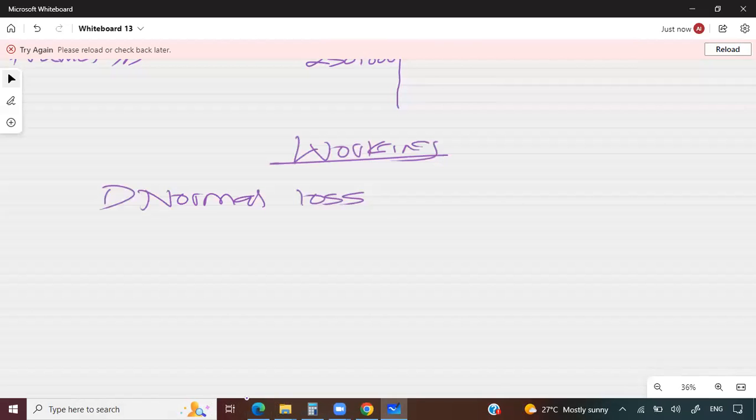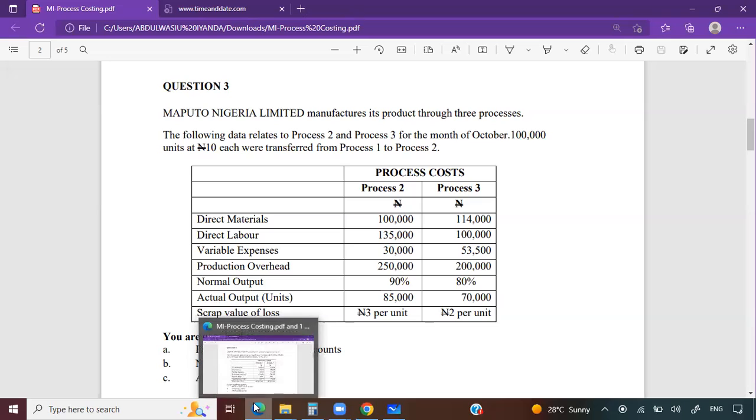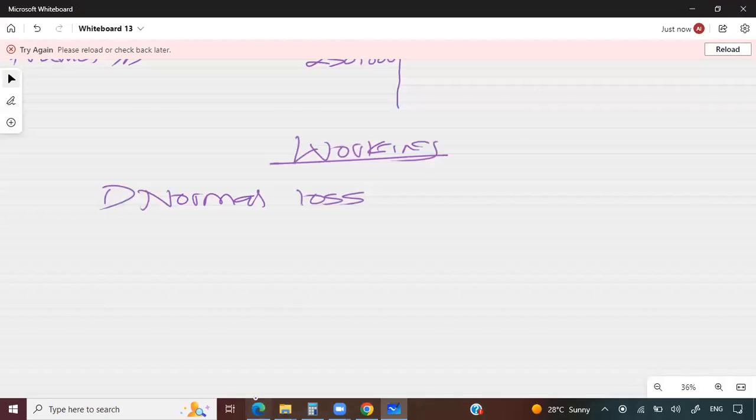So now our normal loss is what? Normal output is 90%. So that means we are expecting 90% as normal output. Normal loss will be 10%.